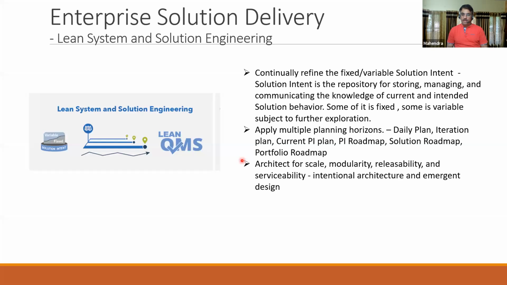And architecture, you have to scale for architecture. The practice that we initially had was that the design has to be in place and only then we start coding. Here we are talking of an emergent design. Yes, the overall architecture is in place, this is the intentional architecture.